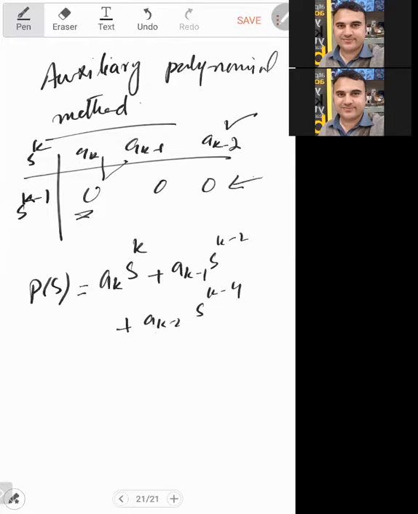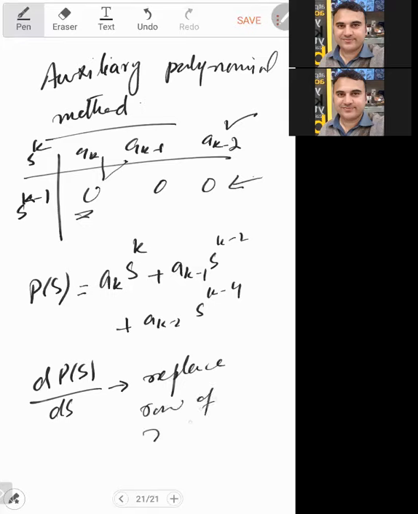So we have the auxiliary polynomial, and now we are going to replace the row of 0 with the coefficient of the differentiation of the auxiliary polynomial. So we have the auxiliary polynomial. We are going to find the dP over ds, and then replace the row of 0 with this dP divided by ds.